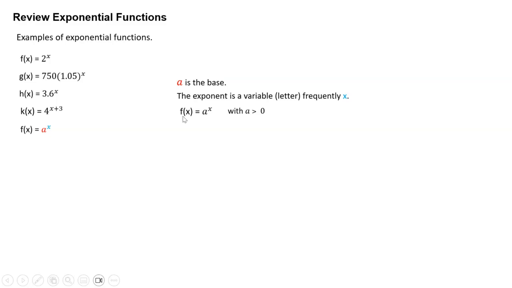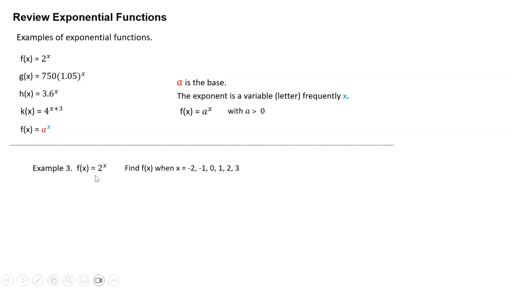It says that f of x equals a to the x power, where a has to be more than 0. This was example 3 from last week. So here we're going to graph an exponential equation first. The points that we need to plug in for x are -2 all the way to 3.